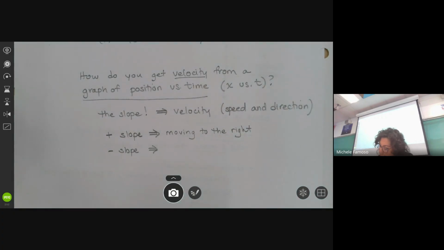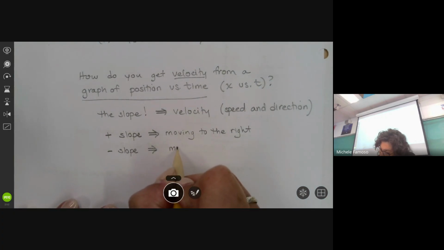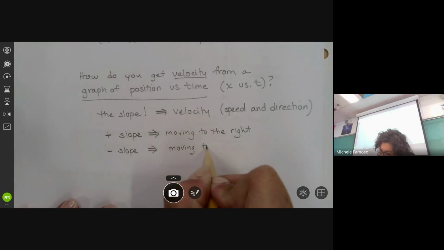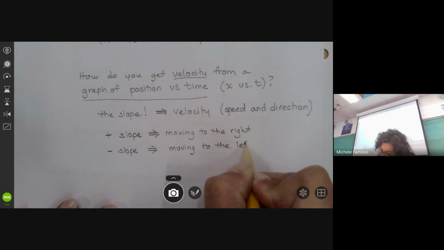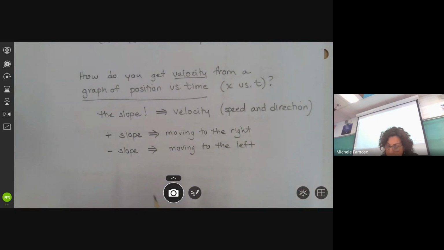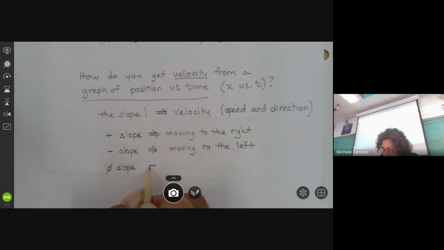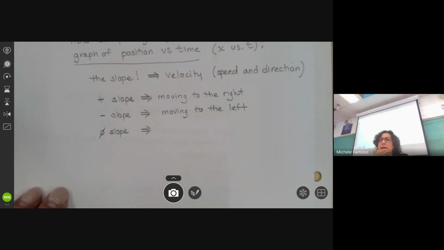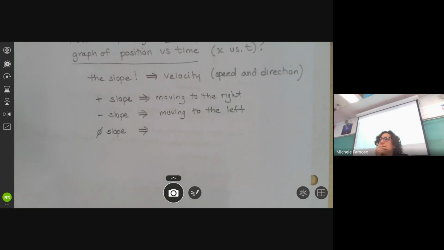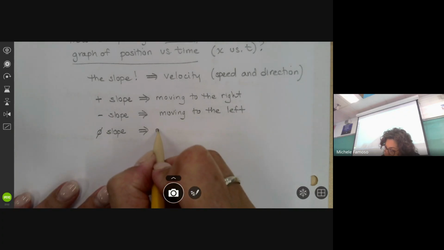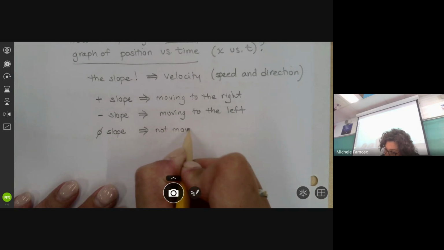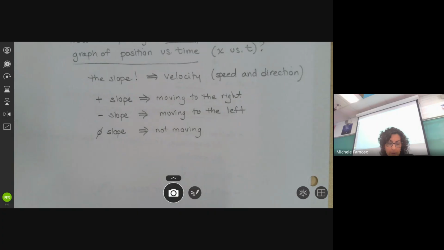Nathan, what would that mean? That's correct. That means you're moving to the left. What if you had a 0 value for the slope? What would that mean? What do you think, Dan? Yeah, that means you're not moving at all. You would not be moving.